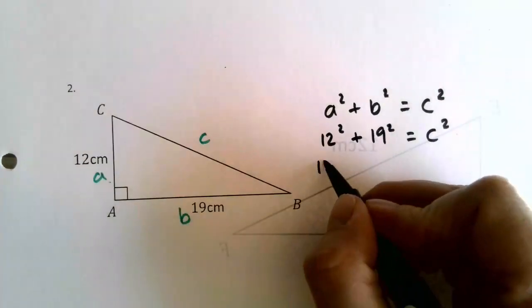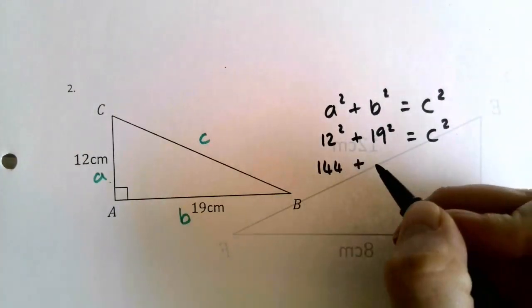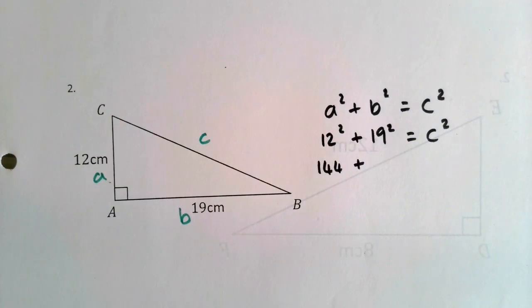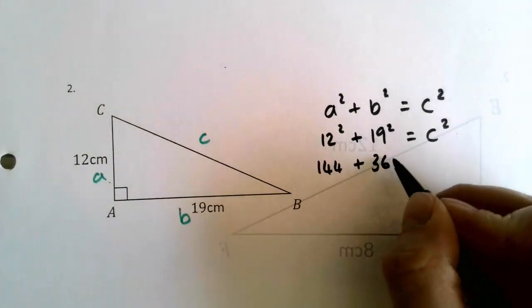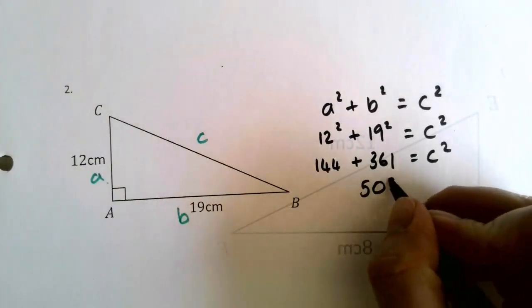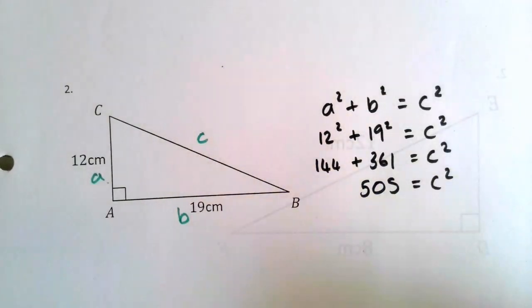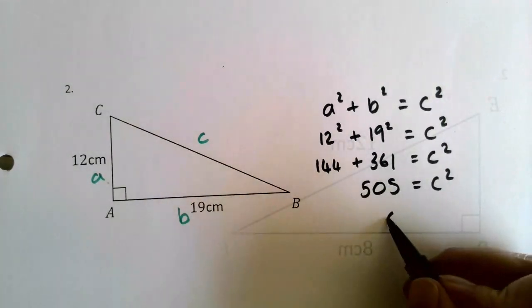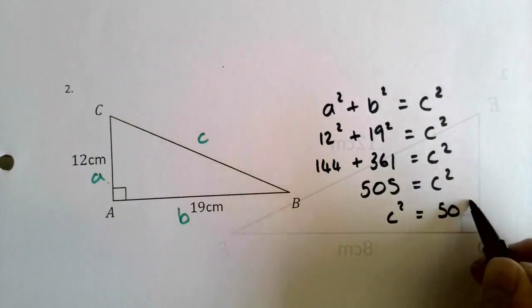So 12 squared is 144. 19 squared, bet you Joseph you could tell me this, is 361 equals C squared. Add those together, so 144 plus 361 gives me 505. So I'm just going to swap sides again just so it's like what we're used to.